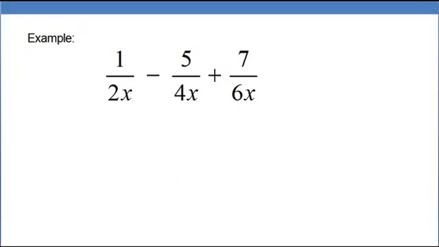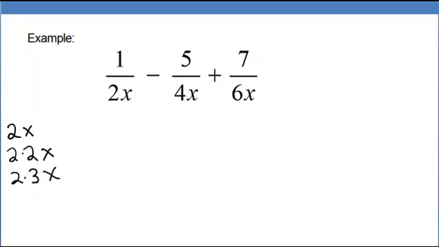For our next example, a combination of 3 fractions, we are going to have to find the common denominator. So for our first one, 2x, this one is already broken down. For 4x, 4 will break down to 2 times 2. And for 6, 2 times 3.